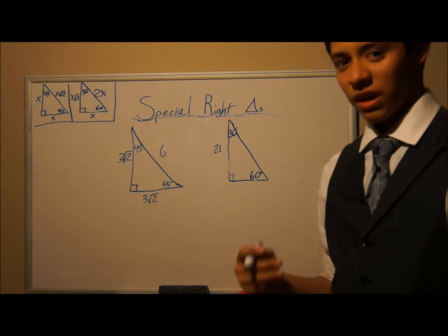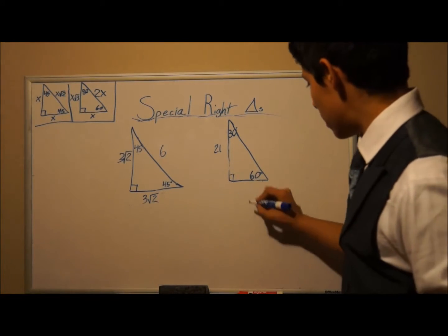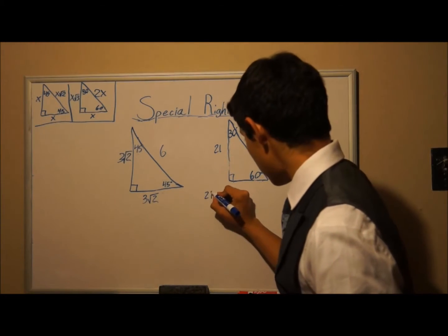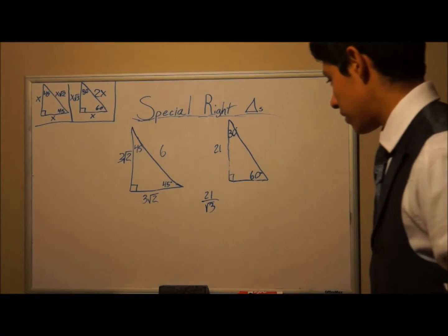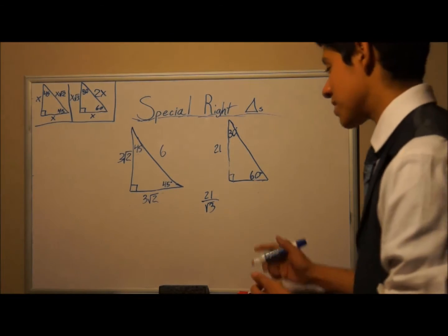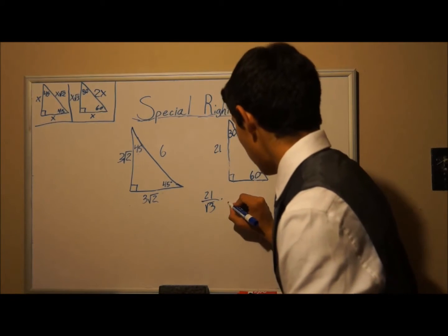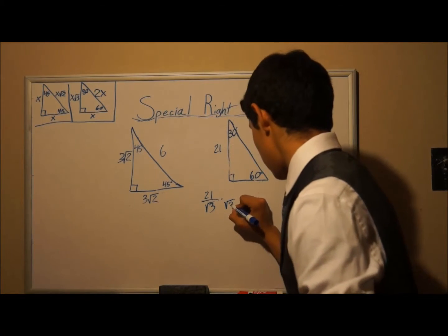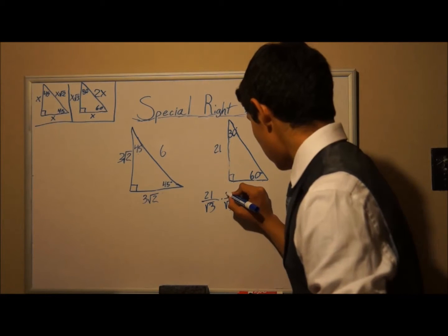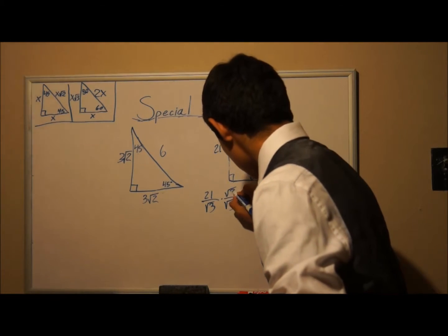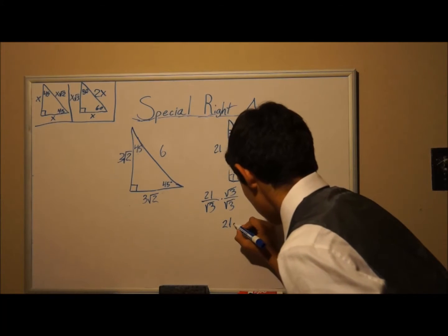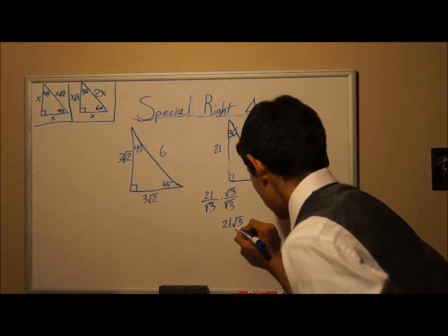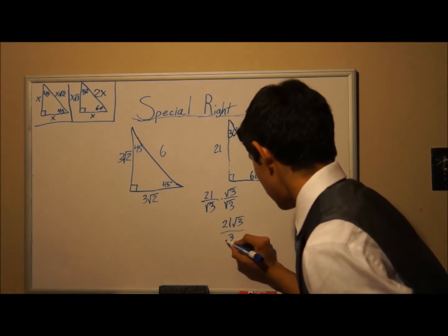But it doesn't, so we have to do the opposite of multiplication to get 21 divided by square root 3. And we can basically just do the same exact thing. Multiply it by 1, square root 3 divided by square root 3, and get 21 square root 3 divided by 3.